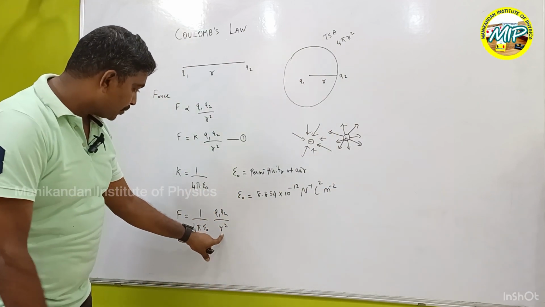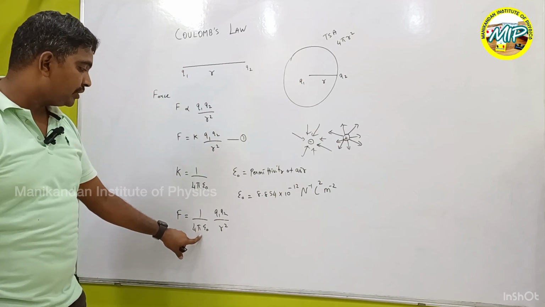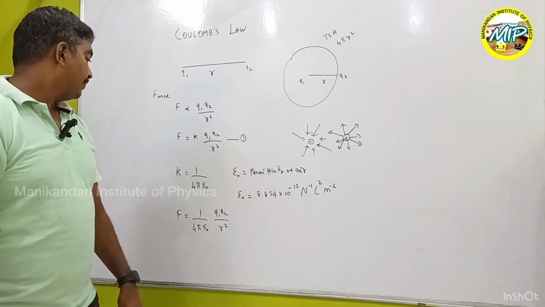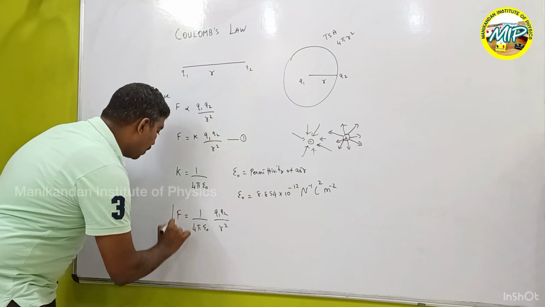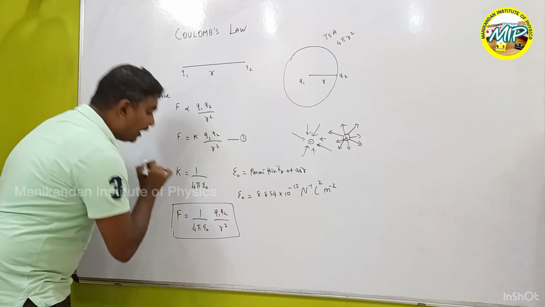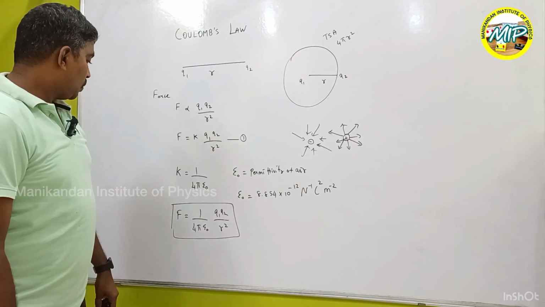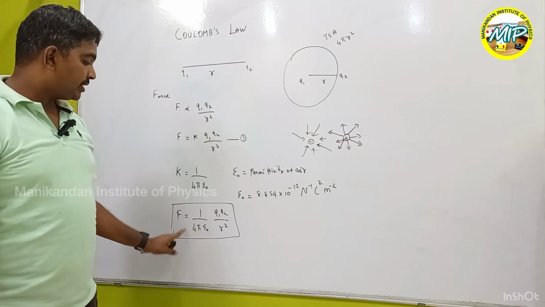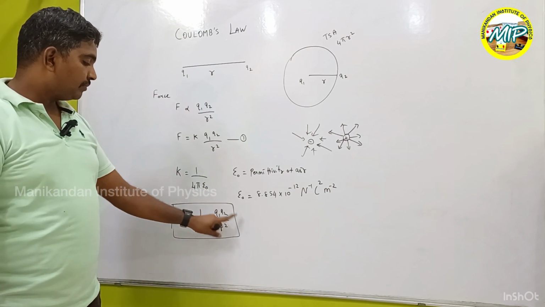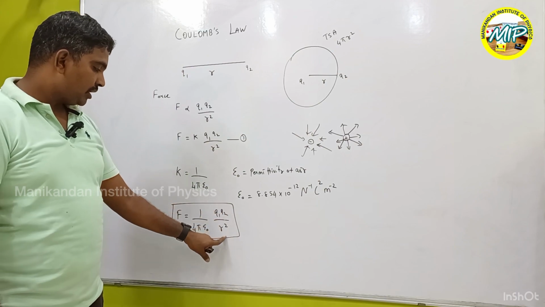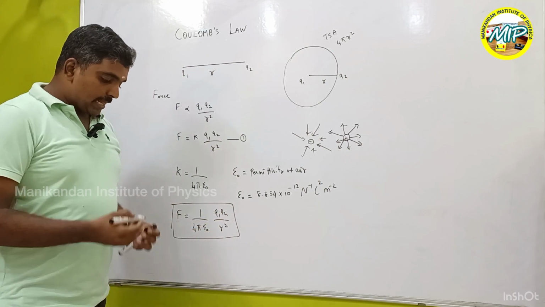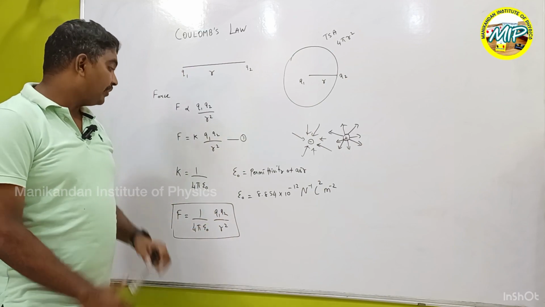Already we have an r square here, and I am just using this 4 pi. So this is my Coulomb's law. This term tells about the nature and dimension of the system, this term tells about the magnitude of the charge, and this term tells about the separation between the two charges.